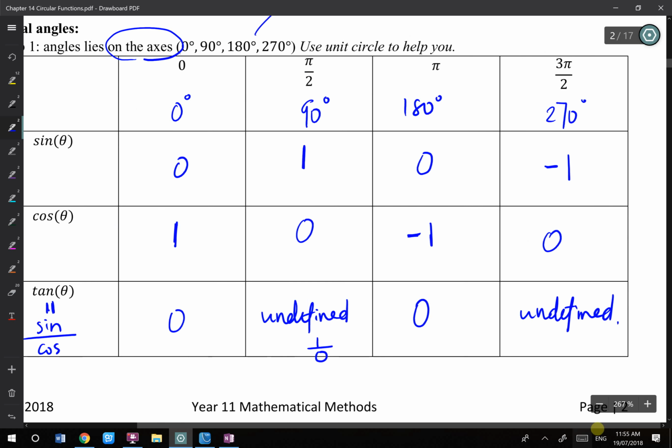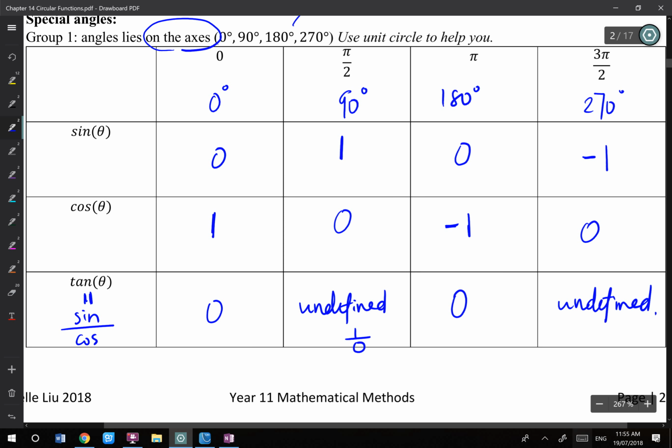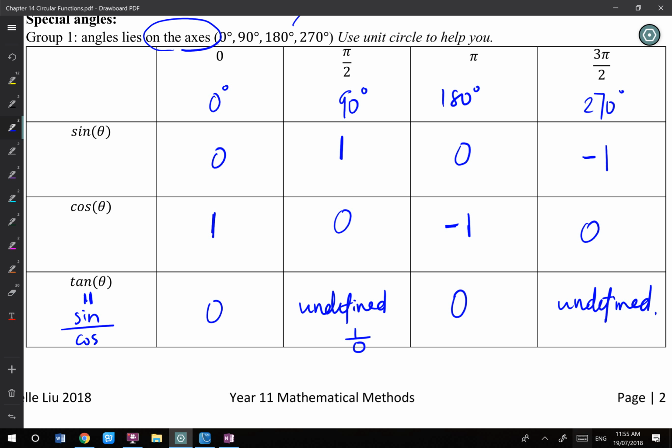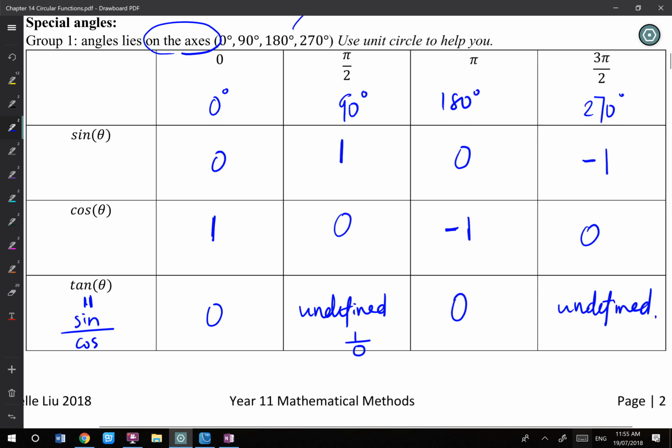Okay, those are the first type of special angles. Any questions first before I move on to the next question? Do you have any problems you want to ask? Okay, so this unit circle method can only help you evaluate angles on the axis, not the others.